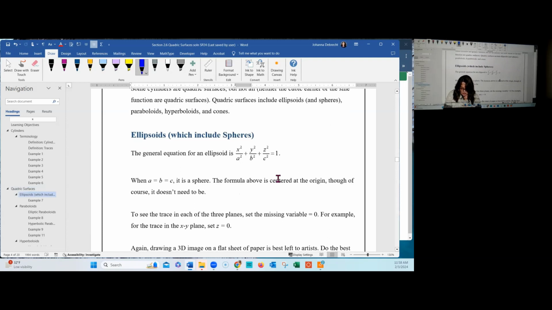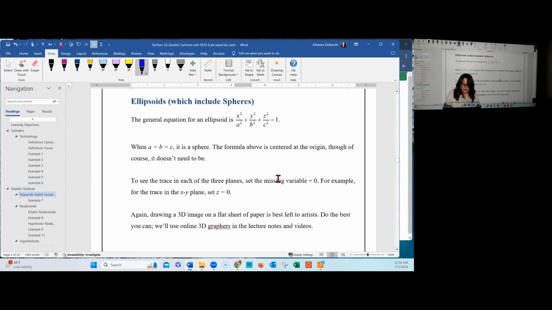Now let's take a look at the first type we want to discuss, which are called ellipsoids. Ellipsoids are based on ellipses, and they include spheres, since circles are special cases of ellipses. The general equation for an ellipsoid is x squared over a squared plus y squared over b squared plus z squared over c squared equals 1.